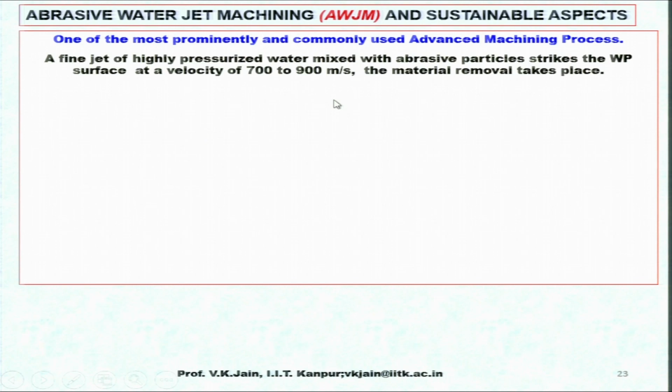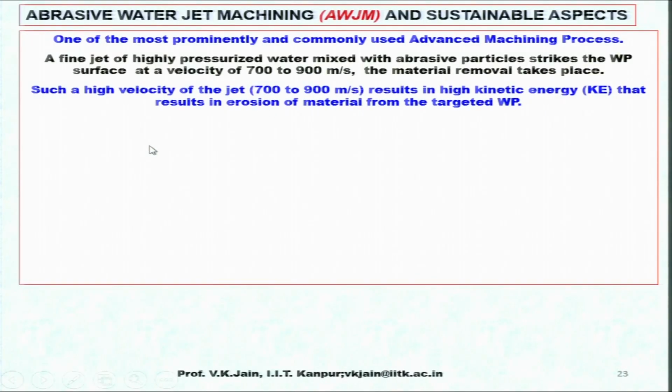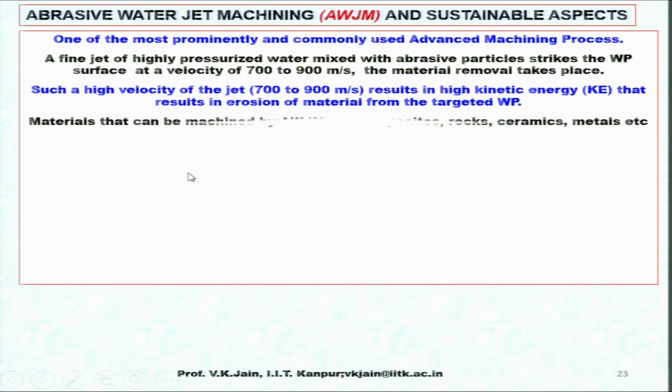So you can imagine or calculate what the kinetic energy of even micro or nano abrasive particles is going to be, and it is good enough to remove the material from the workpiece surface. Such a high velocity jet results in high kinetic energy that results in erosion of material from the targeted workpiece.